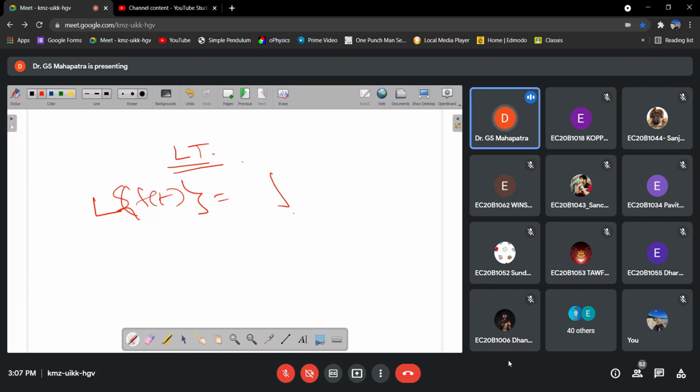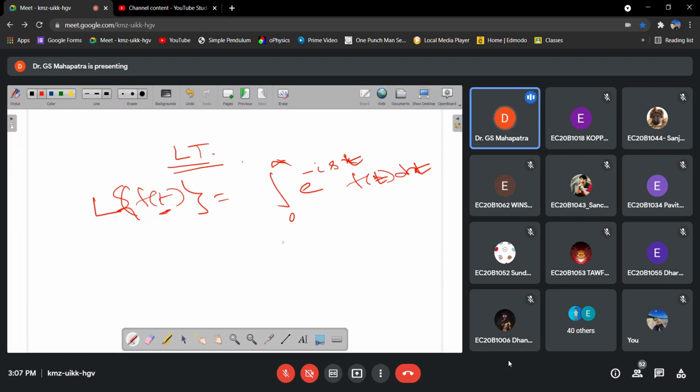So 0 to infinity, e to the power minus s t, f of t dt. So it should be t only here, and dt.